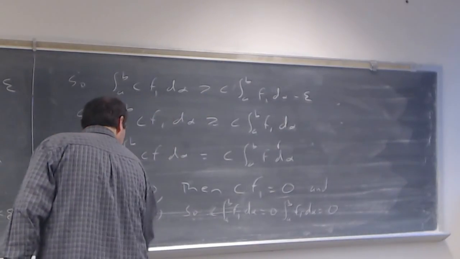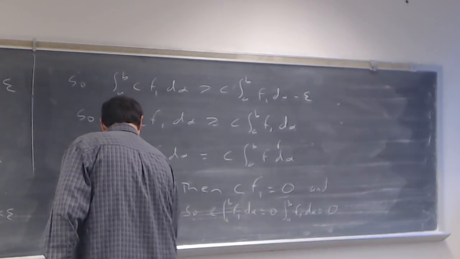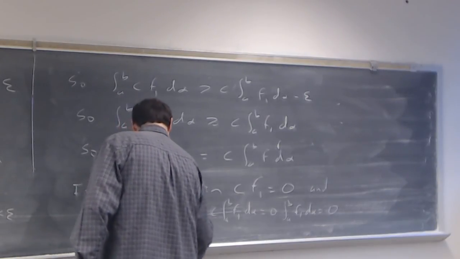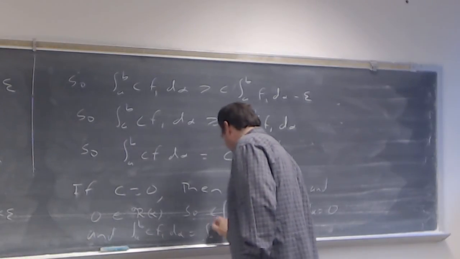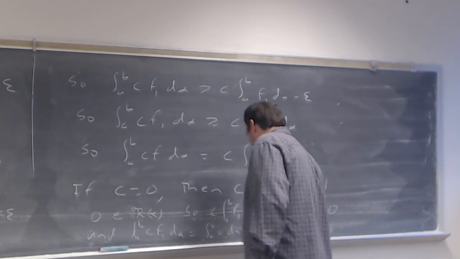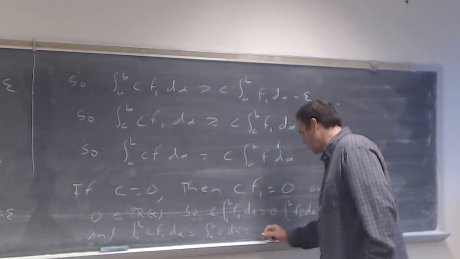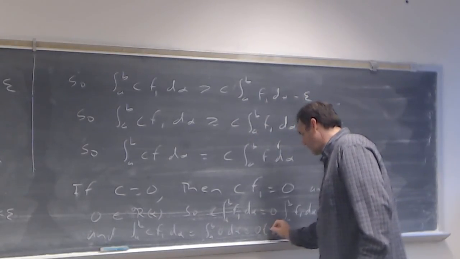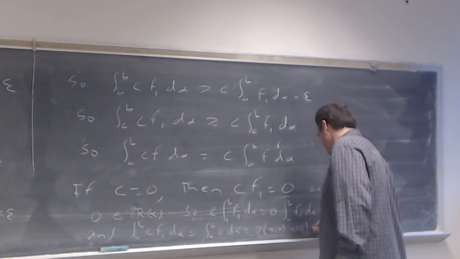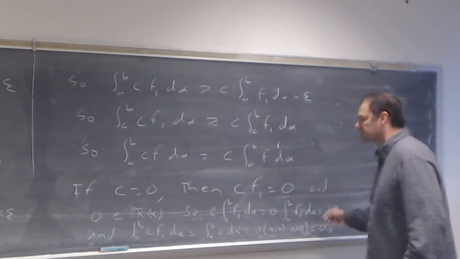And if we had the integral from a to b of c times f sub 1 d alpha, well, that's equal to the integral from a to b of 0 d alpha. And that's going to be equal to 0 times alpha of b minus alpha of a, which equals 0.